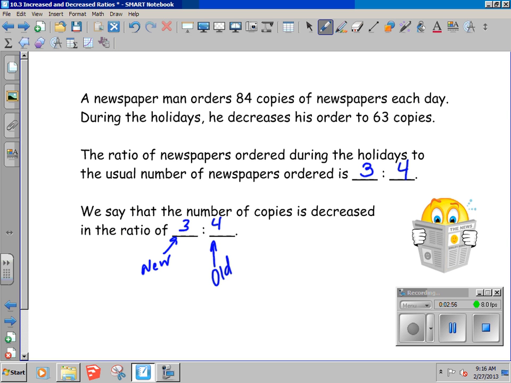New to old. 84 is what it used to be, 63 is what it is now. It's normally 84, and then during the holidays it becomes 63. New to old.